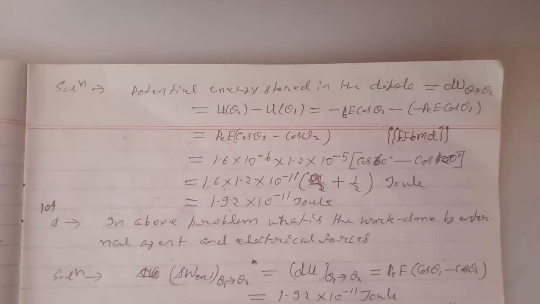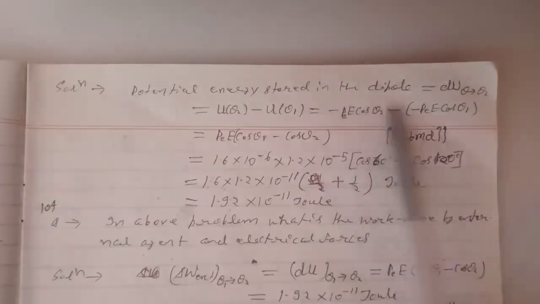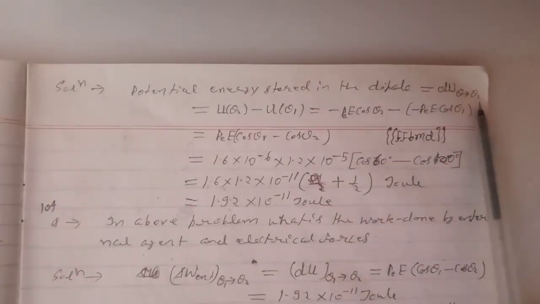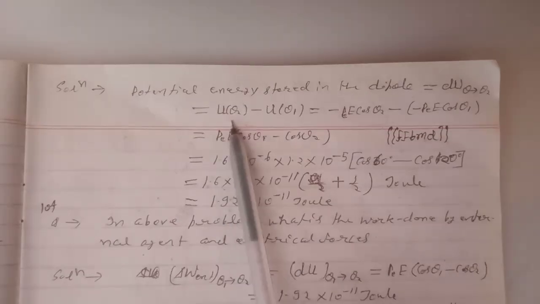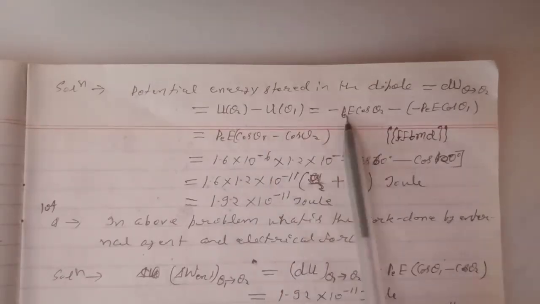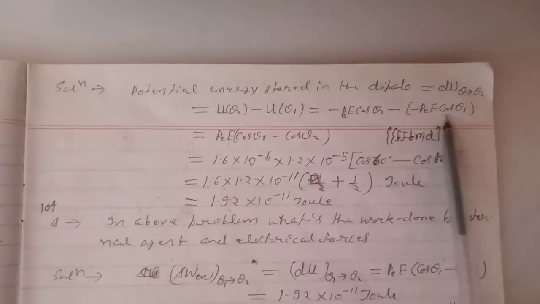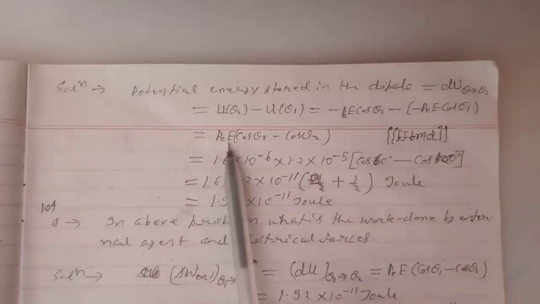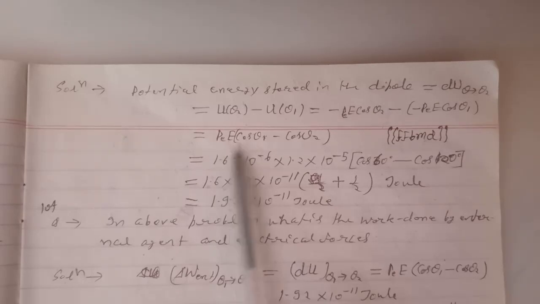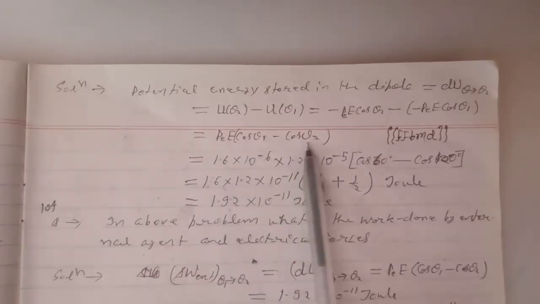Solution: the potential energy stored in the dipole, ΔU from θ1 to θ2, equals U(θ2) minus U(θ1), or minus pE cos θ2 minus p cos θ1, which equals pE times (cos θ1 minus cos θ2).